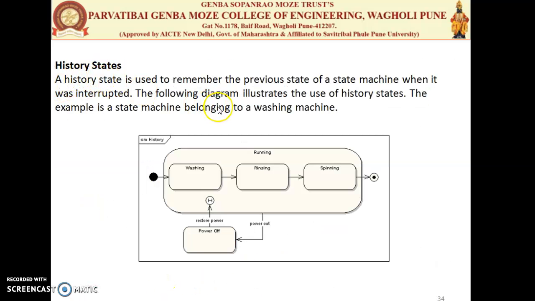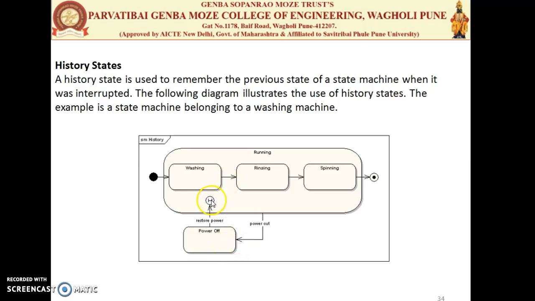That means sometimes we have to start with the previous state, remember the previous state, and then start the other state. So for remembering the previous state, we have a history state. You can see here H. Whenever the power is off, some H state is there which will restore the history of the previous operation, so that you will not start from the initial state.